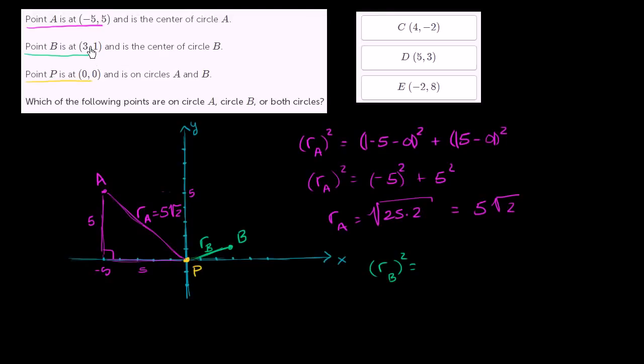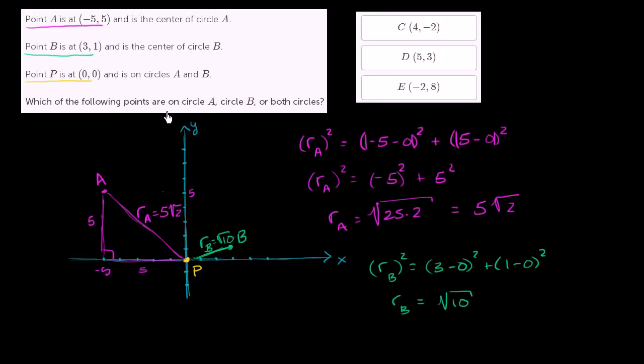So we go from, we could write it as 3 minus 0 or 0 minus 3, but we'll just write it as 3 minus 0. 3 minus 0 squared plus 1 minus 0 squared, or the radius, or the distance between these 2 points, is equal to the square root of, let's see, this is 3 squared plus 1 squared, this is 9 plus 1. This is the square root of 10. The radius of B is the square root of 10.